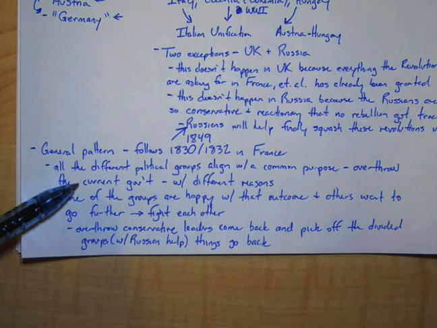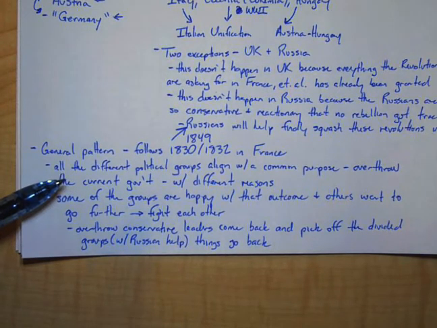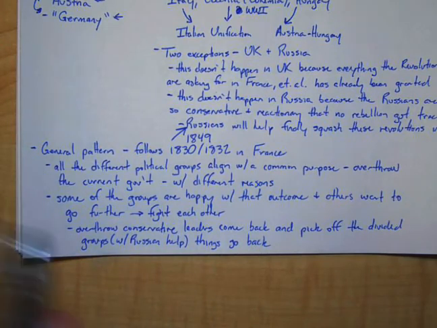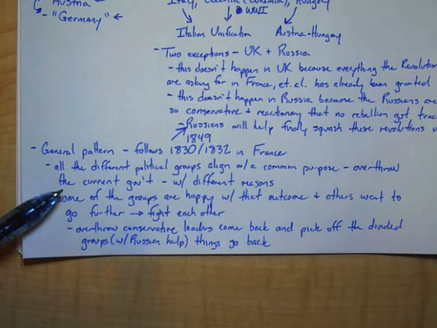In 1830, you had the rich bankers, the kind of middle class people who just lost their right to vote, and then you've got all the regular people who just lost their jobs because the king banned freedom of the press. They all came together and they all agreed we've got to get rid of the king.